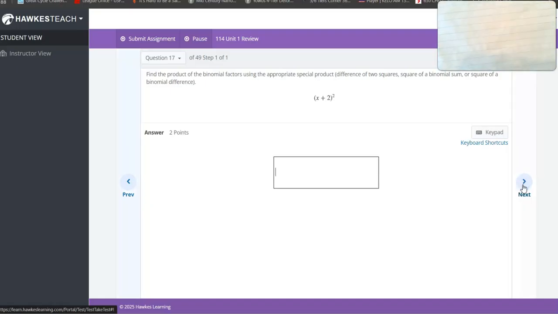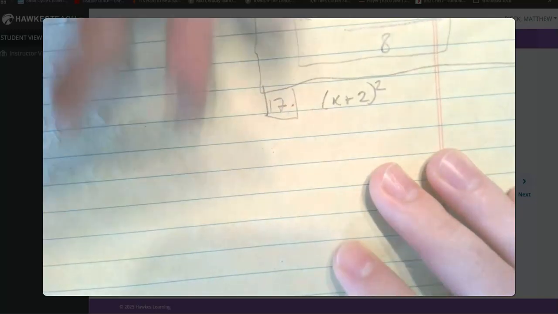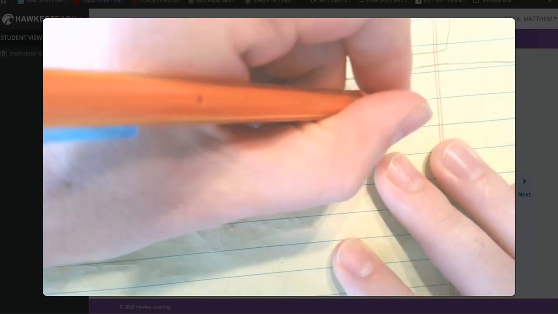All right, so then it says find the product of the binomial factor using the appropriate special product. Again, I don't care if you use this special product here. I often don't remember these special products either, so I don't really expect to force you guys to memorize them. So yeah, so again, when we square something, that just means we're multiplying it by itself. So x plus 2 squared is equal to x plus 2 times x plus 2. So again, we can just distribute everything through.